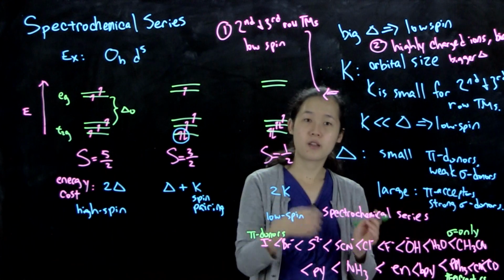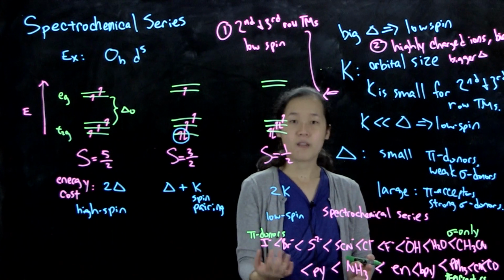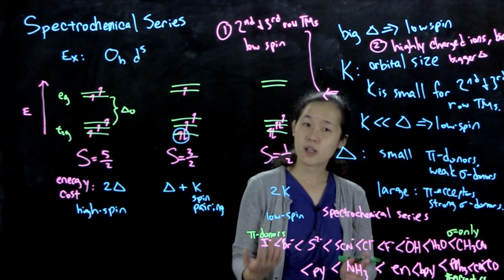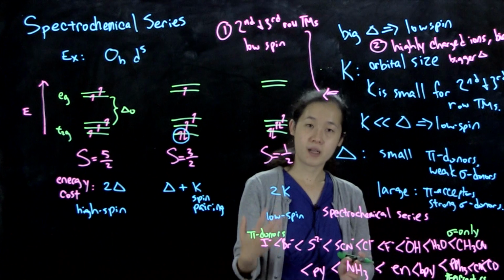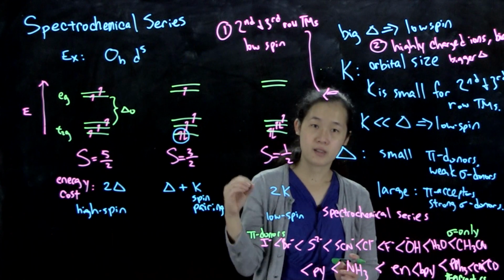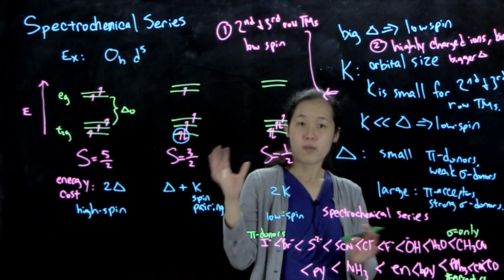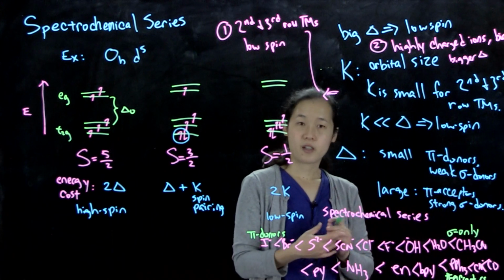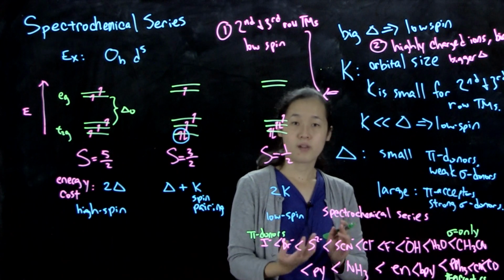That complex should be low spin. On the other hand, if we have a first row transition metal with all halide ligands, it's more likely to be high spin because pi donor ligands make a smaller delta. These are just things to keep in mind when we're predicting what our electron configuration should be for different transition metal complexes.